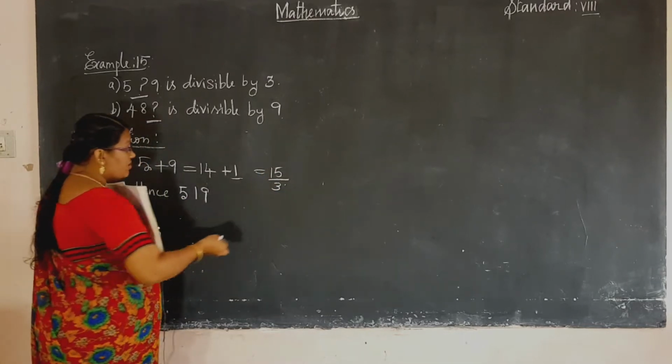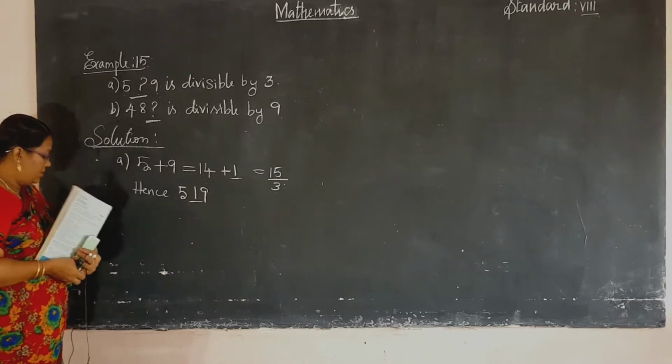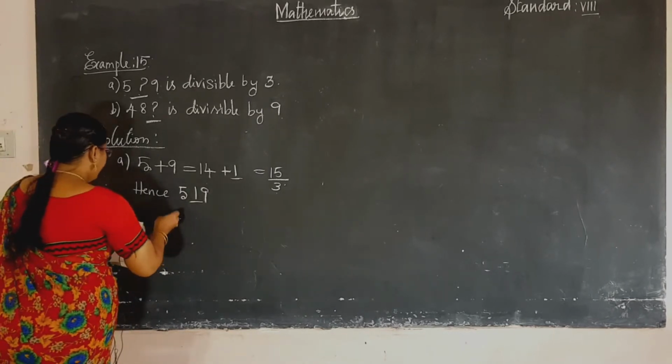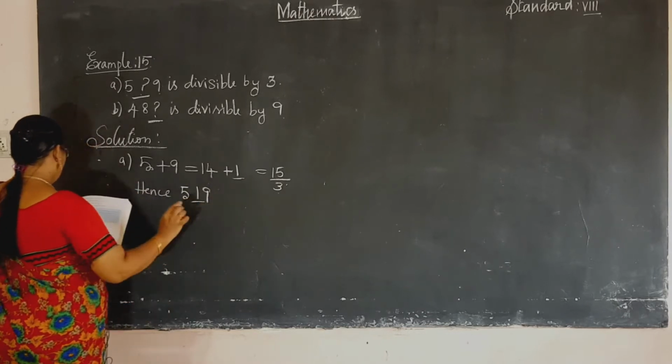Next is 14 plus 1, which is 15, and 15 is divisible by 3. Therefore, the number is 1. Hence 519.